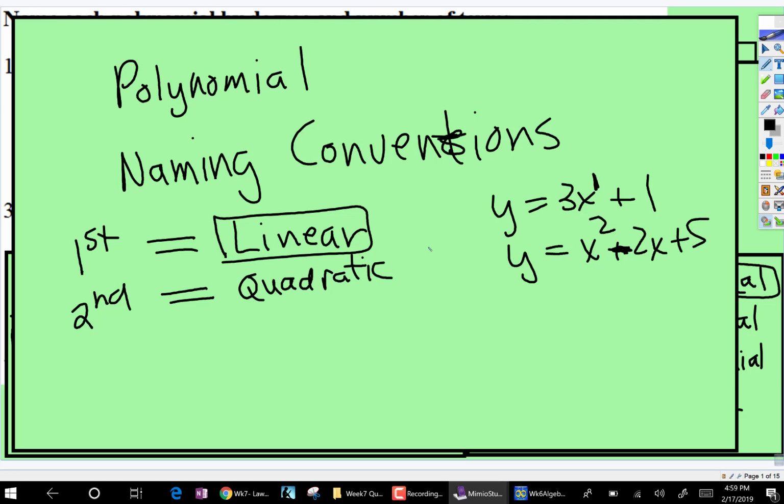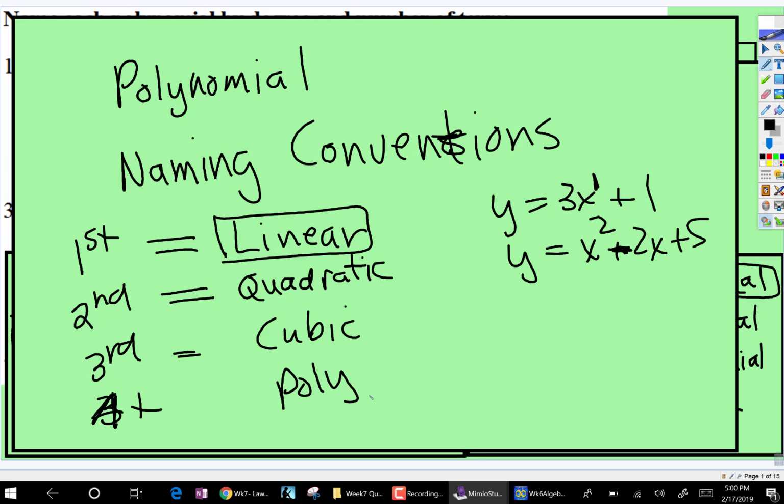This would be a quadratic trinomial, a linear binomial. And if it's a third degree, it would be cubic. And again, anything that's 4 and more, we're just going to call it polynomial. All right, that's it for this one.